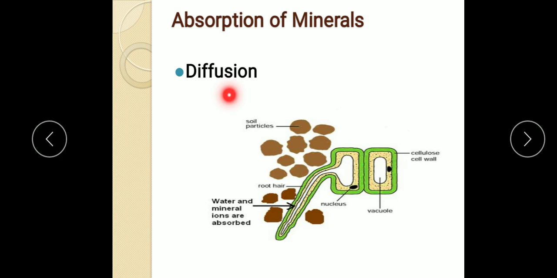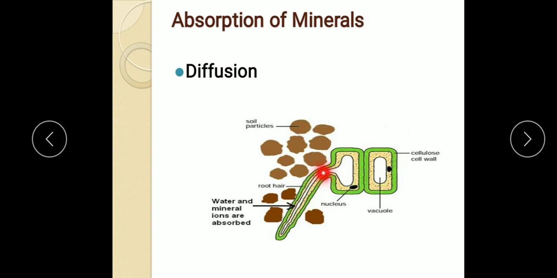In diffusion also, other than water, the mineral molecules or other substances are transported from the region of their higher concentration to the region of lower concentration. So the concentration of the mineral molecules is higher in the soil than in the root hair cells.